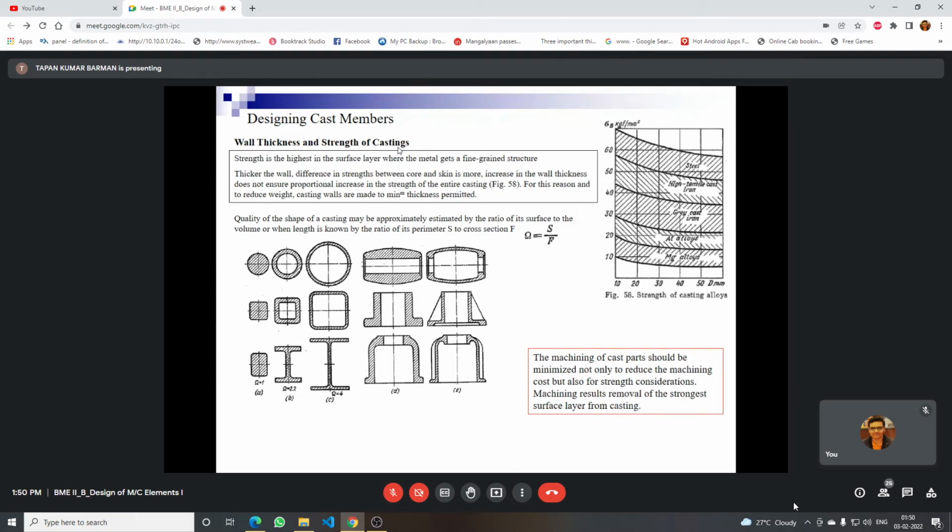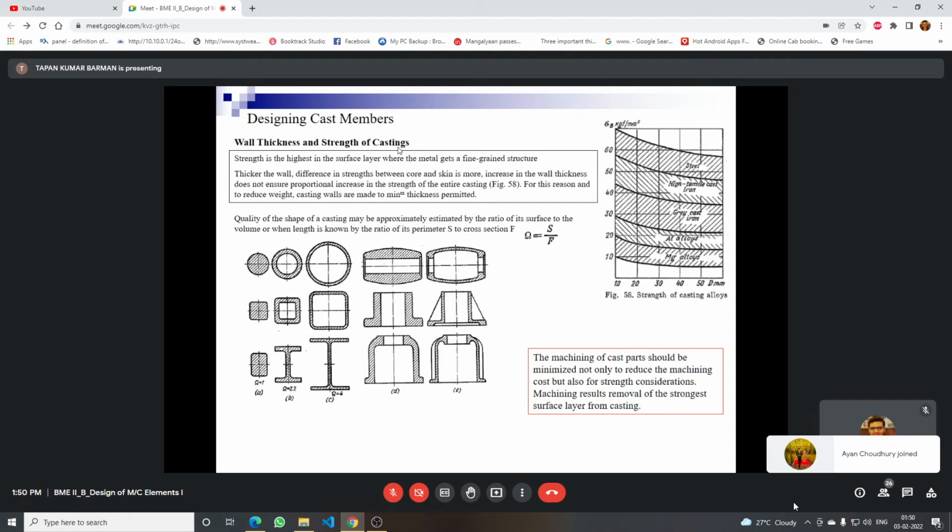Right? Now, when we are trying to do the machining operation of this cast component, we have to remove the stronger surfaces, the surfaces with more strength value. Now, there are two disadvantages. One, we are removing the stronger surfaces from the casting.